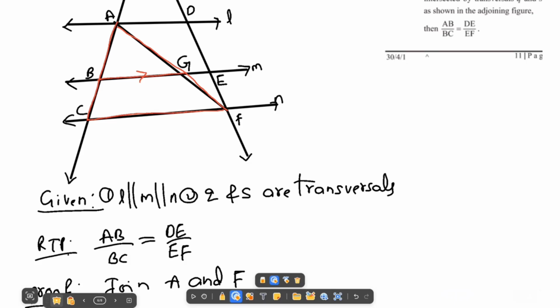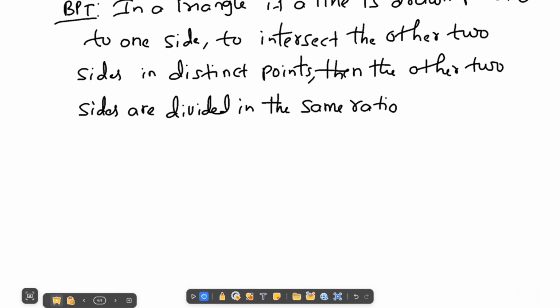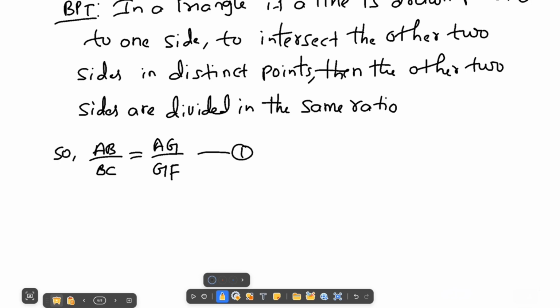Okay, let's write. So we will get AB by BC is equals to AG by GF. So let this be equation 1, and this is by basic proportionality theorem.